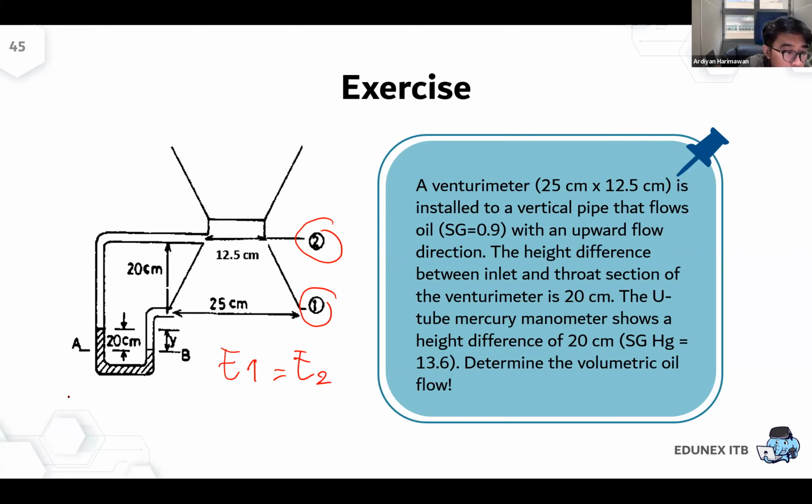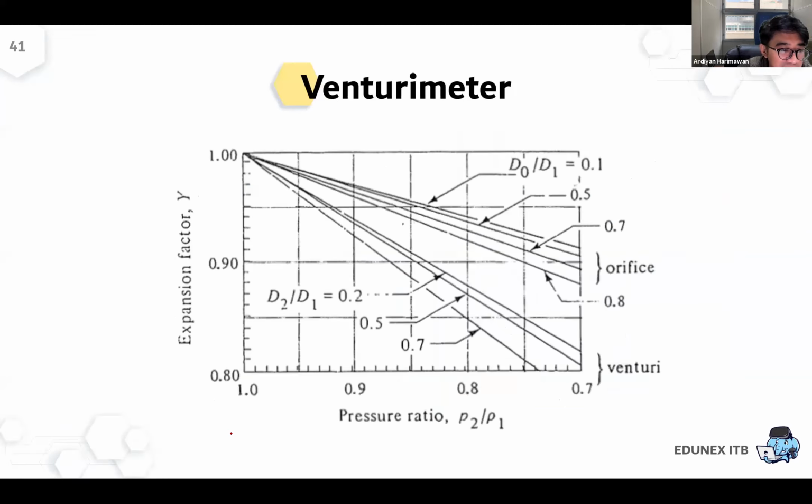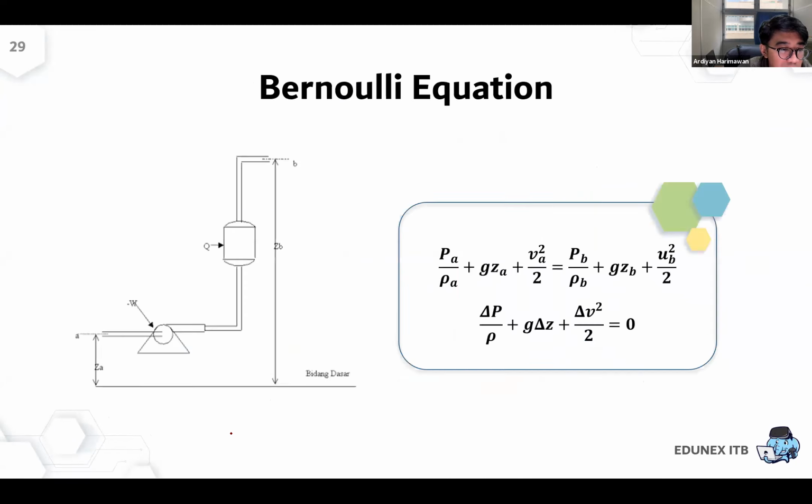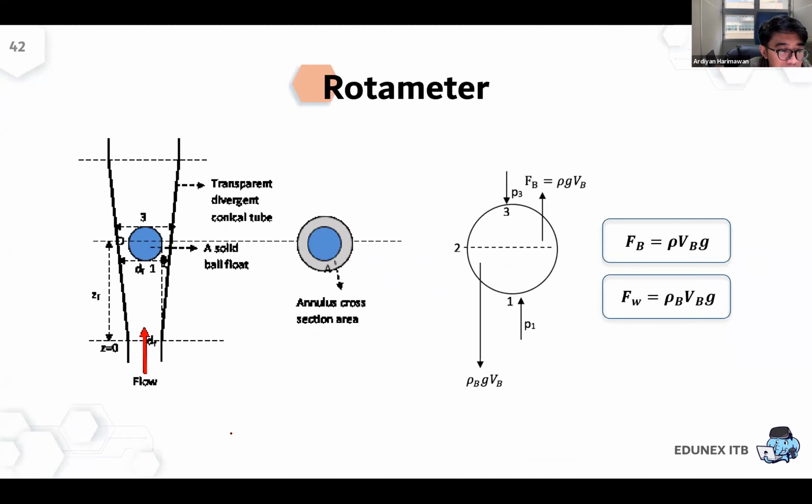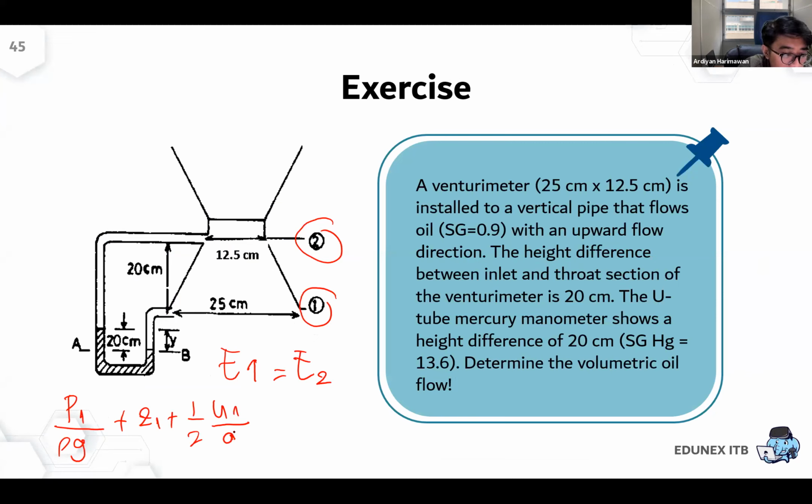P, I will use this one. I forgot, divided by G or divided by rho? G, right? Let me check. Divided by G, okay. If I'm using the head unit, so you will have this one, right?